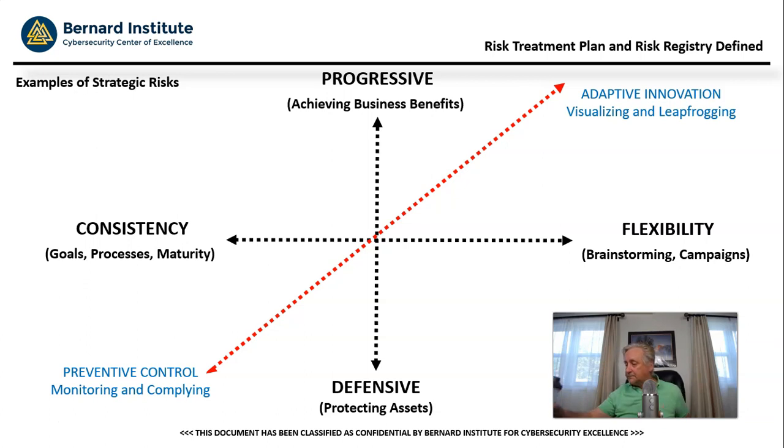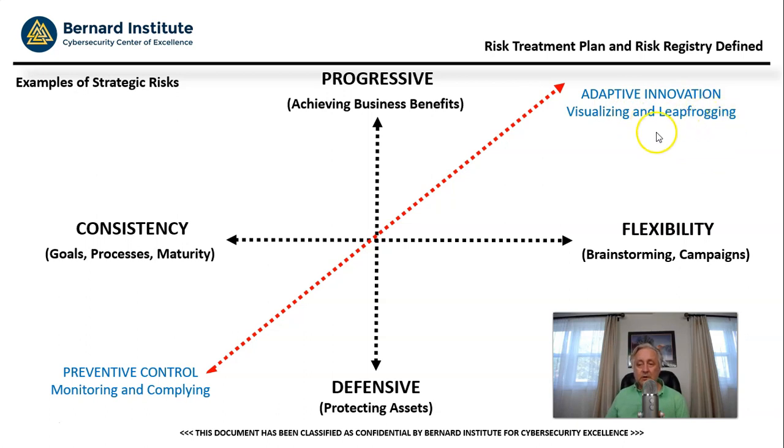These people have a lot of experience, and they know what the market is looking like and what it's been like for maybe the last 20 or 30 years, and they know where we need to go. So we need one eye on preventative control to make sure nothing bad happens, like a breach of security, but another eye on the adaptive innovation of the organization, making sure we can have those leapfrogging moments.